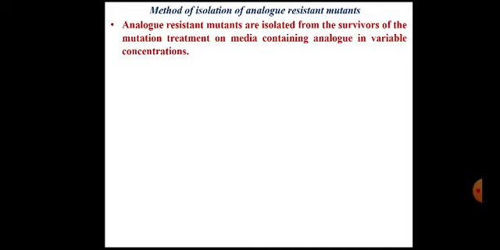So the mutation treatment is given to the microorganisms, and then the survivors of mutation treatment are transferred onto medium containing analog, in different concentrations of analog. Whatever microorganisms grow on this medium containing analog will be called analog resistant mutants. So that is a method for isolation.